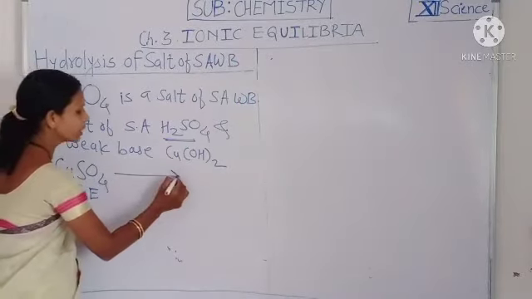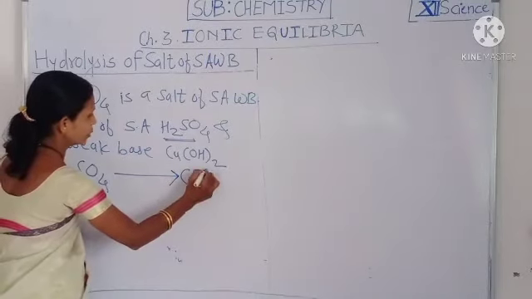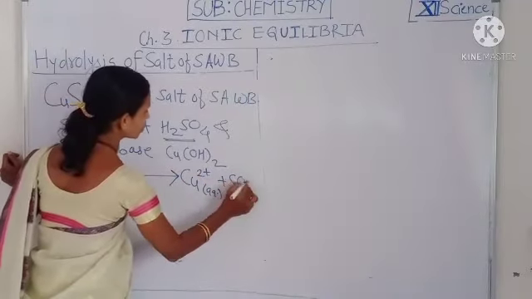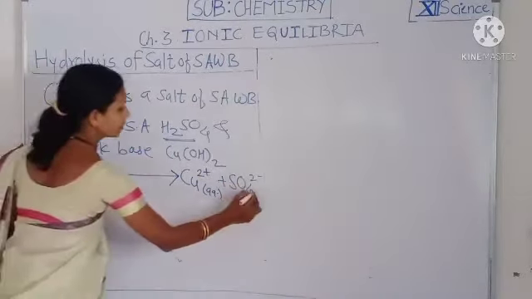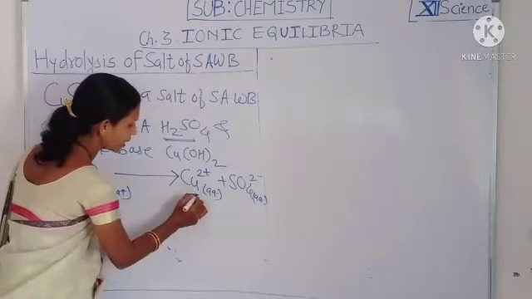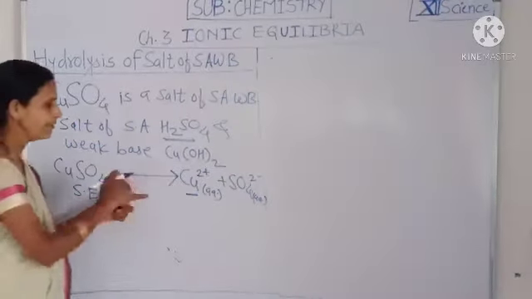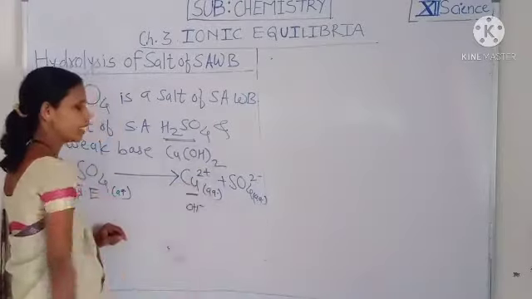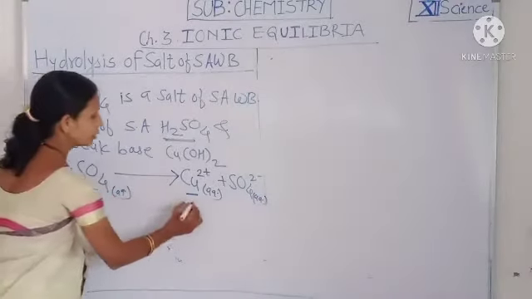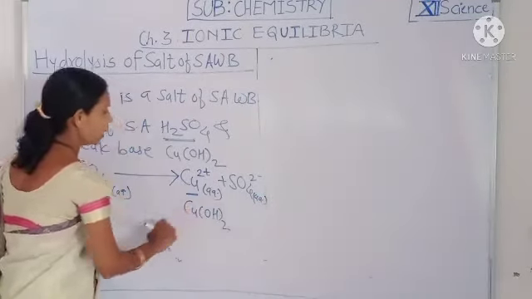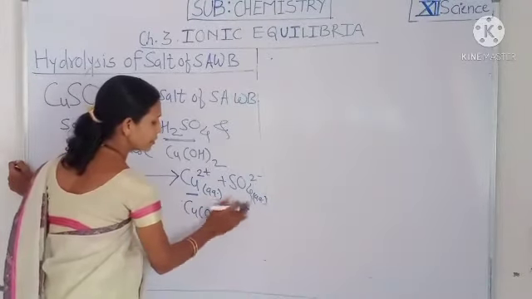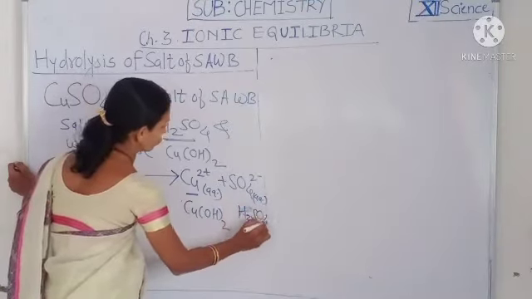Therefore it dissociates completely to give Cu2+ ion and SO4 2- ions in aqueous medium. Then see here, if the cation of this salt reacts with OH- ion, it gives Cu(OH)2, and if SO4 2- reacts with H+ ion, it gives H2SO4.